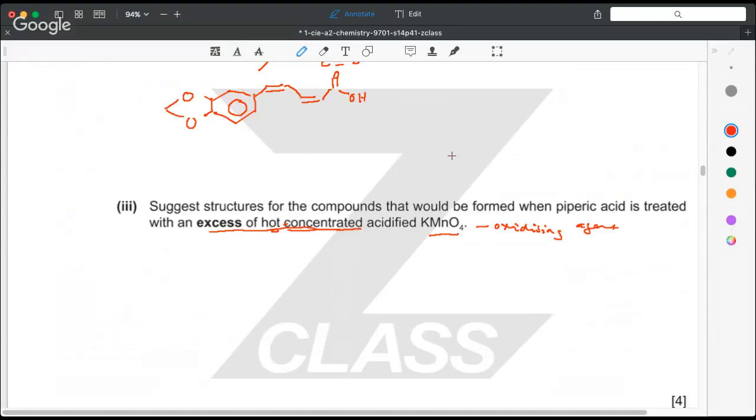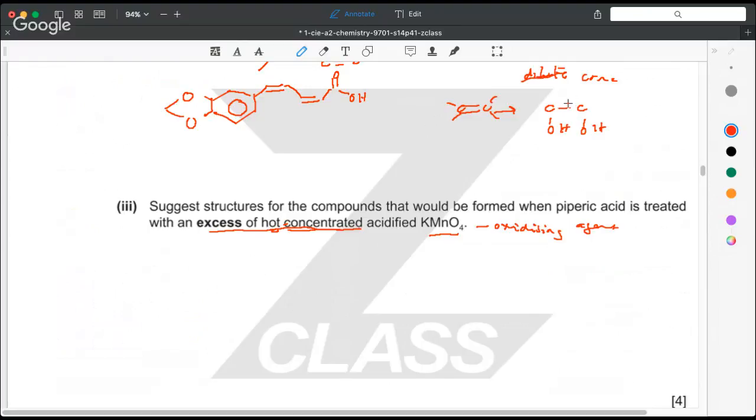First of all, if you've got a double bond, the first step is that you make a diol. You'd actually do that with dilute. But because they've got concentrated, it proceeds to a further step.